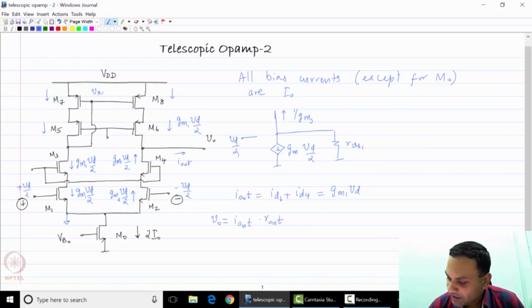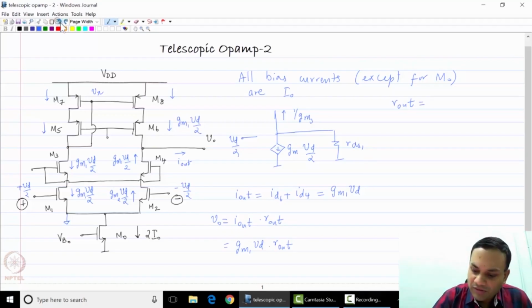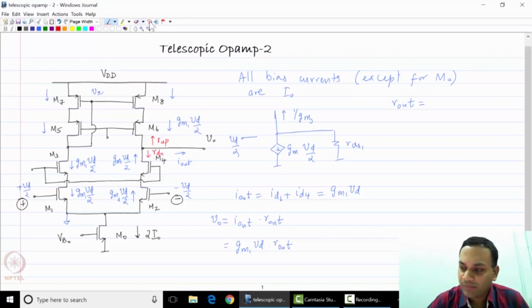R out is nothing but the impedance looking upwards and downwards. So let us see what R out is. R out is R up in parallel with the impedance looking downwards, R down.